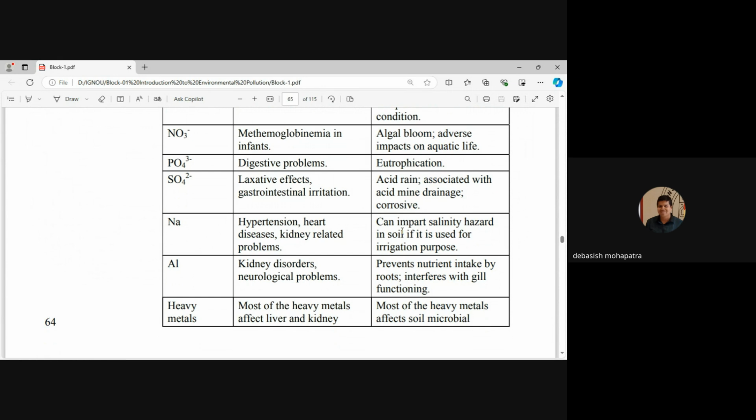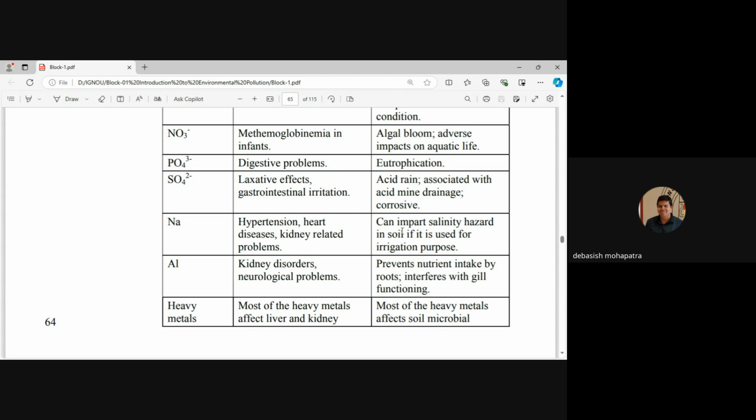Methemoglobinemia in infants, and so on, due to sodium, algal bloom, adverse impact on aquatic life. Then phosphate: digestive problem, eutrophication. Sulfate: laxative effect, gastrointestinal tract. In hypertension, heart disease, kidney related problem.